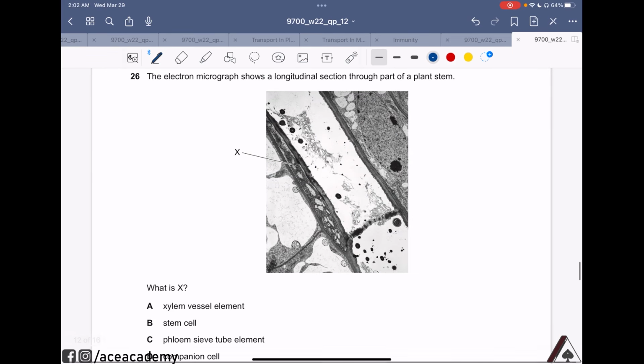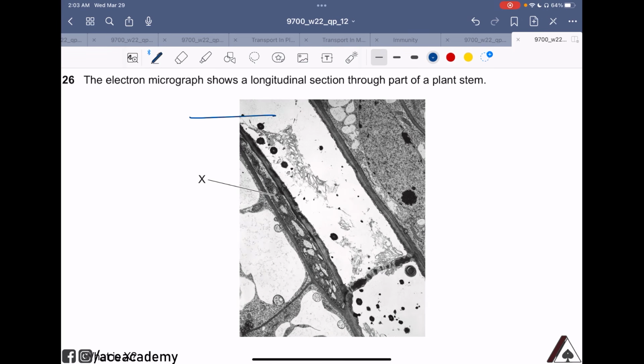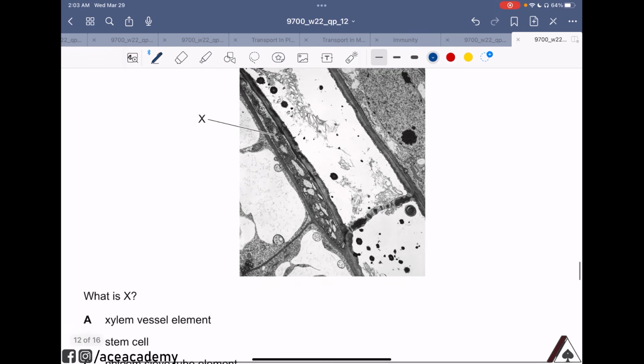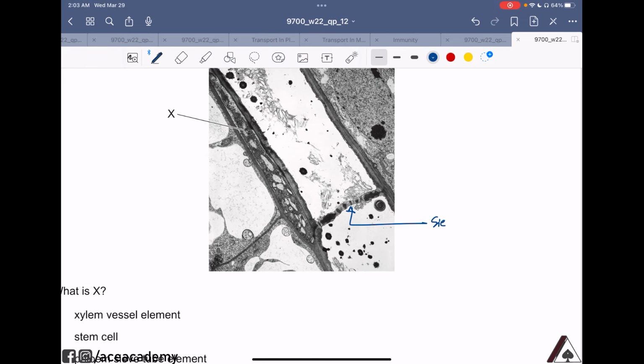Number 26. The electron micrograph shows a longitudinal section through part of a plant stem. What is X? So this is definitely, let's look and identify some other things as well. This is a sieve plate.